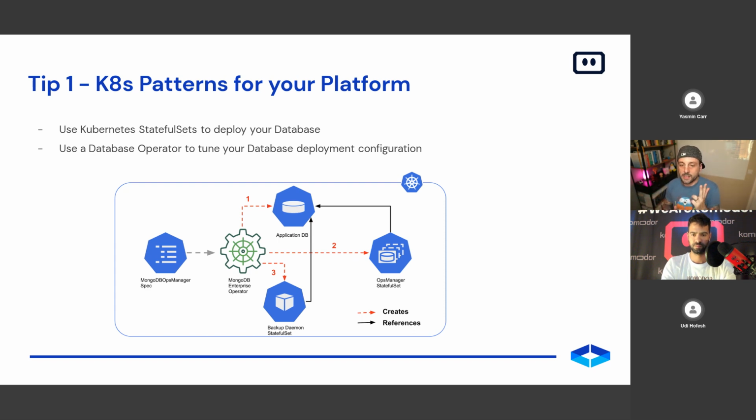So let's say you have 3 replicas for your data set, and suddenly you say, okay, I've got more customers connecting to my app, I need 2 or 3 more replicas. If you do it in Kubernetes, you have to do 2 things. You have to scale the number of pods from the stateful set, but also scale the number of instances in this database. So that's a twofold action, and the operator will take care of that for you. And we're going to see this later.